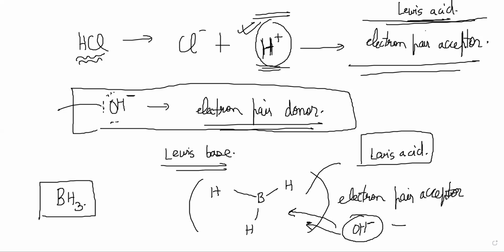See, it is taking the electron, so it is an electron pair acceptor, a Lewis acid, and the other one is an electron pair donor. Water is acting like a Lewis base. The hydration reaction itself is an acid-base reaction. You understand?